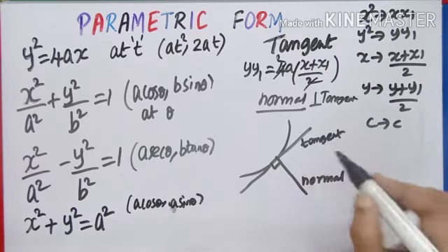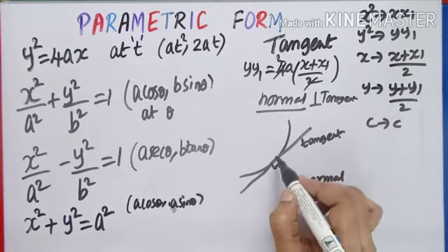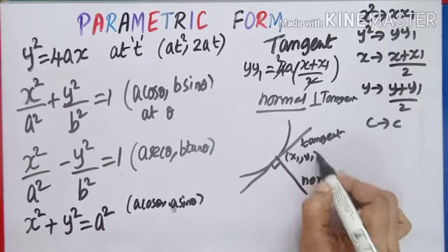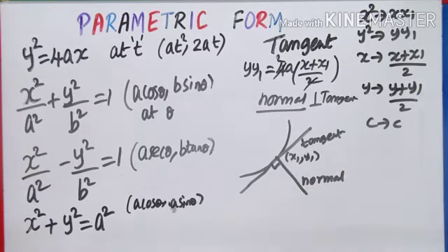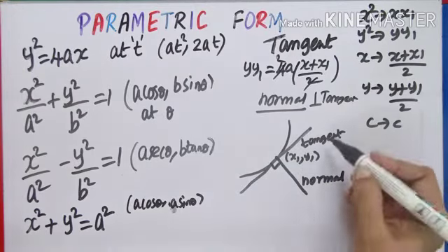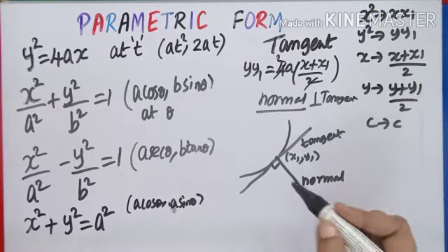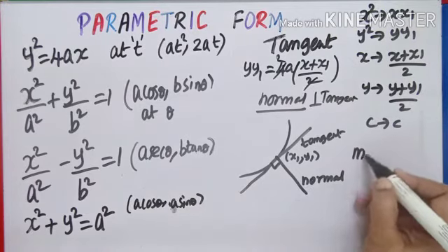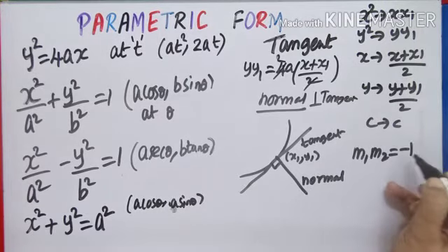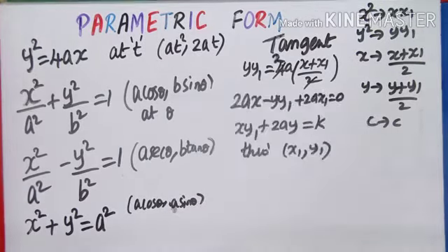And remember, tangent and normal are passing through the point x1, y1. Both pass through that point. How to derive the normal equation? Whenever two lines are perpendicular, I use the condition m1 m2 is minus 1.